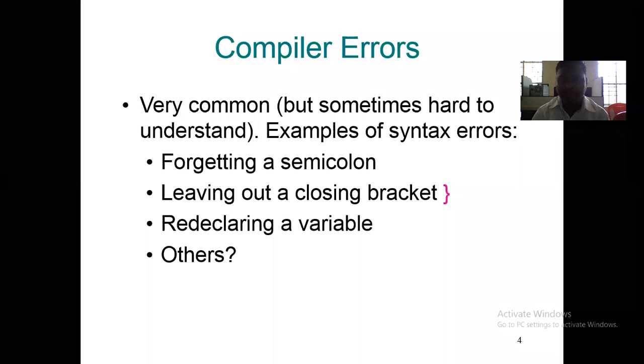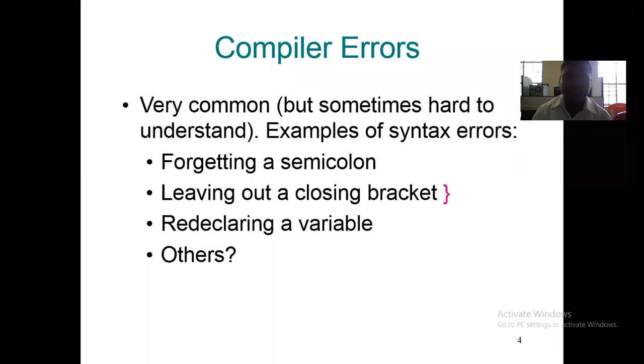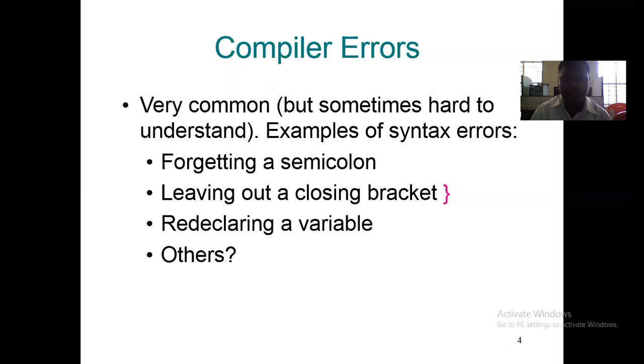Sometimes in other languages, not in Python, we write functions starting with an opening bracket. If we are not closing that one, it gives errors. That is called a compiler error, syntax error. Redeclaring a variable. See, so many errors. These are the compiler syntax errors, syntax errors detected by the compiler. So that is why they are called compiler errors.